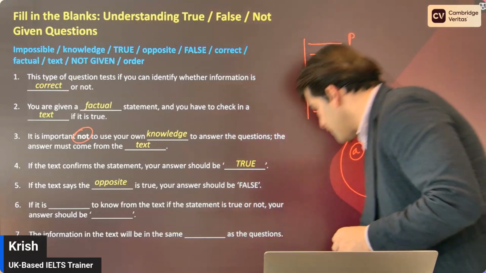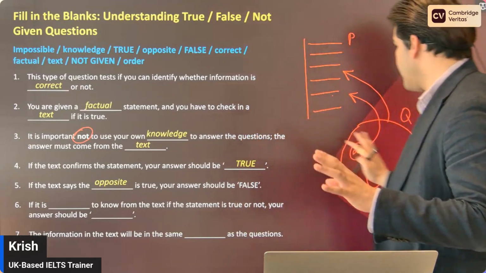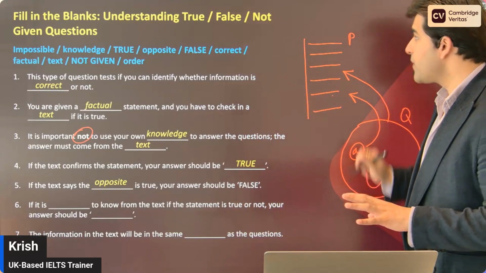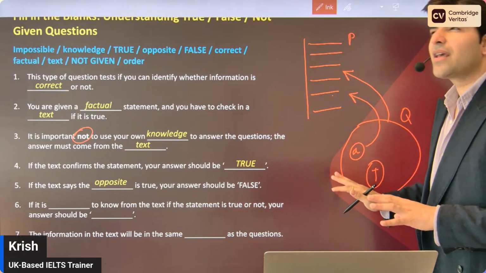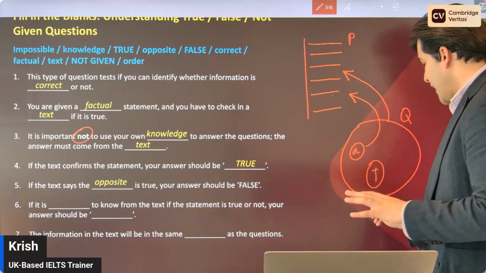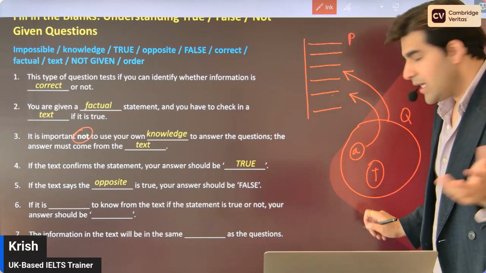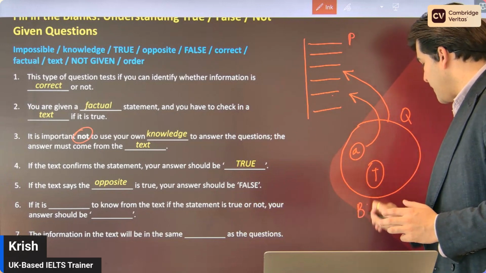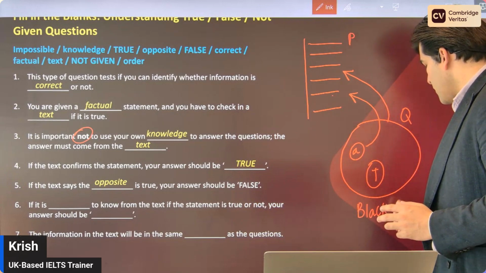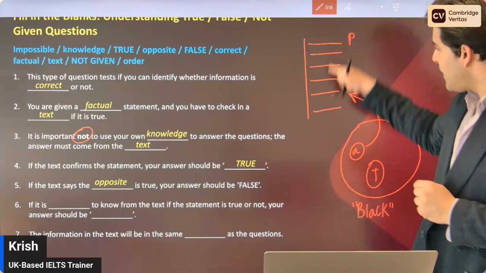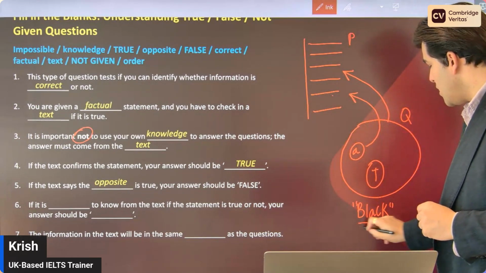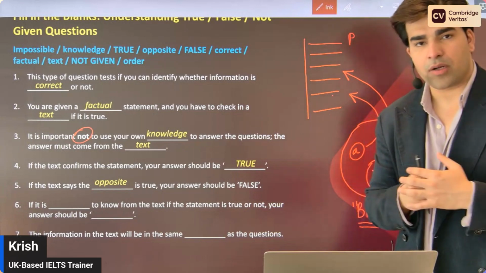Have a look. Imagine this is your text, okay? And here the answer is, let's say, black. You're talking about colors, and the answer is black. You have to check if the passage also has this word or this information, black, or not.